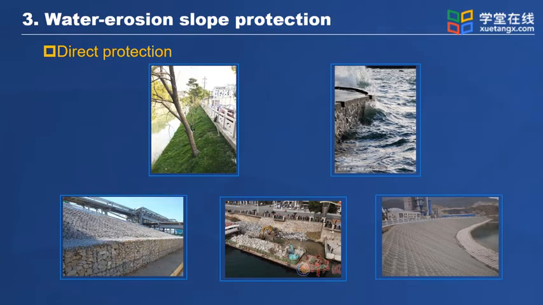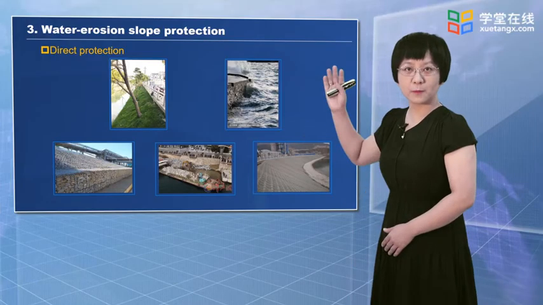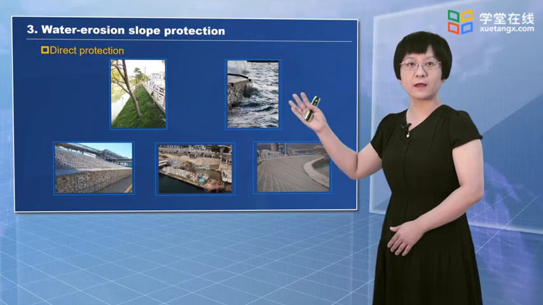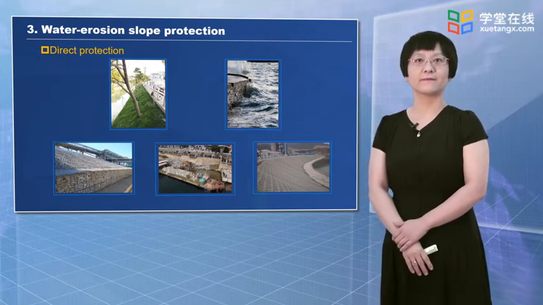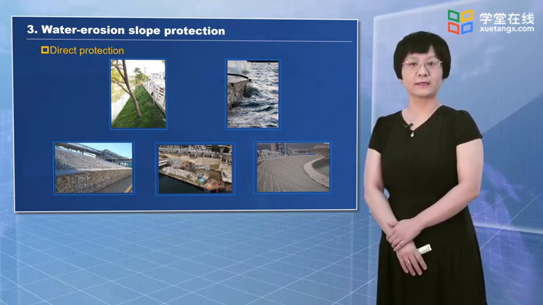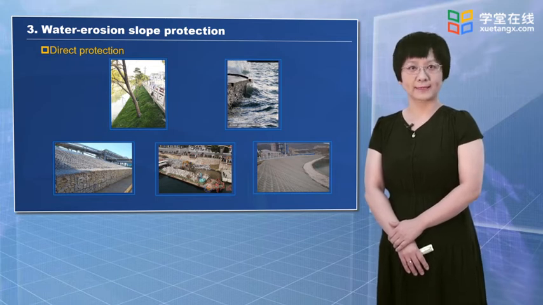Next, let's study the water erosion slope protection, which is mainly used in the subgrade along the river or the coast. According to the protection form and function, the water erosion slope protection can be divided into direct protection and indirect protection. Let's talk about direct protection.